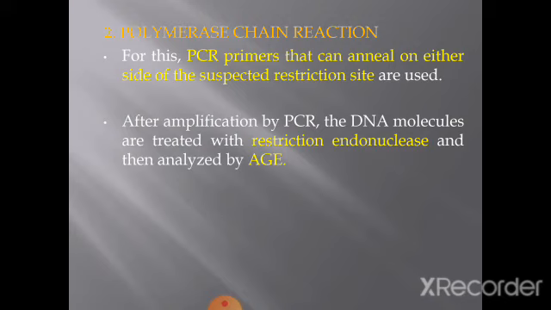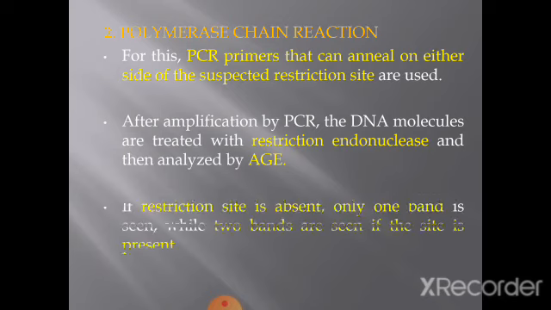Then, after amplification by PCR, the DNA molecules are treated with restriction endonuclease, same step, and then analyzed by agarose gel electrophoresis, same step. If the restriction site is absent, only one band is seen. If the restriction site is present, then you can see two bands.